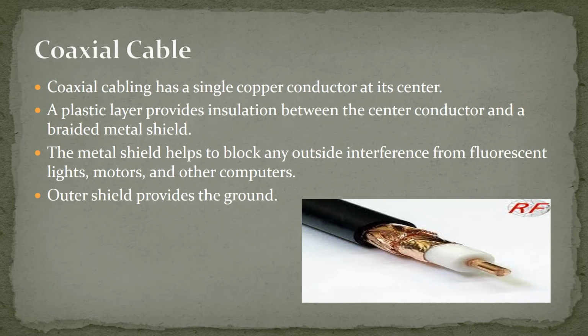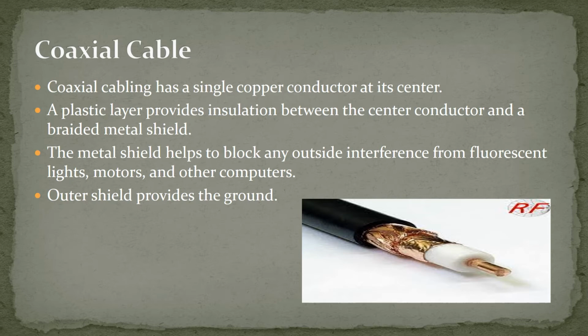Now the coaxial cable. As you can see in the figure, it is the cable which we use in the cable network or a TV network, that is the dish networks. The structure of the coaxial cable is such that the innermost part has a thick copper wire in the center. Then it is surrounded by a thick plastic insulation to protect this wire.